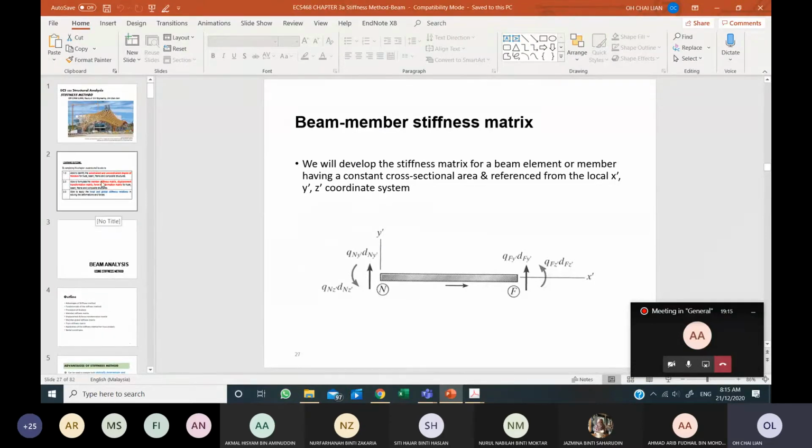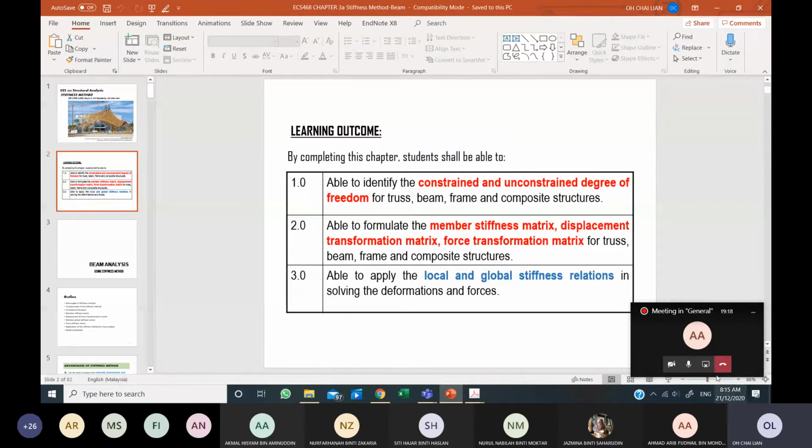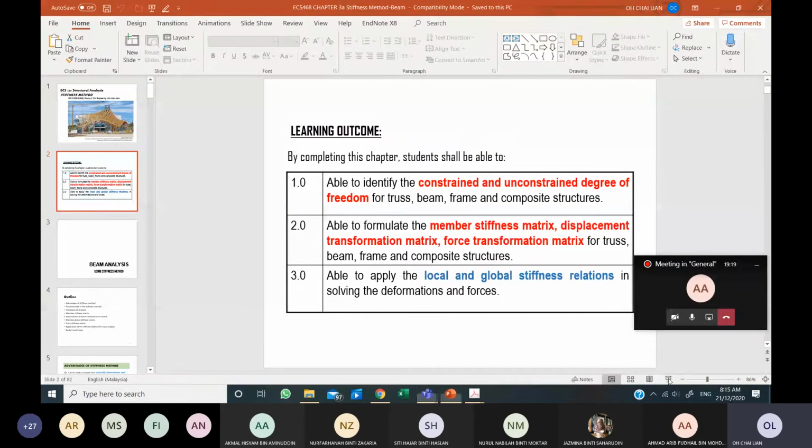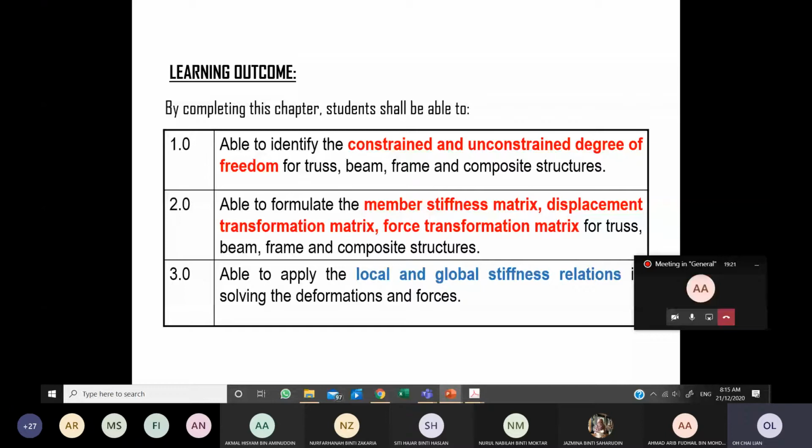I start with this learning outcome. We learned how to identify the constrained and unconstrained degrees of freedom last lesson, where at the end you determine the vector D. We also determine the vector for Q and the vector for Q naught.